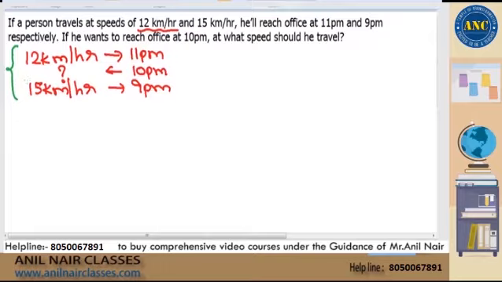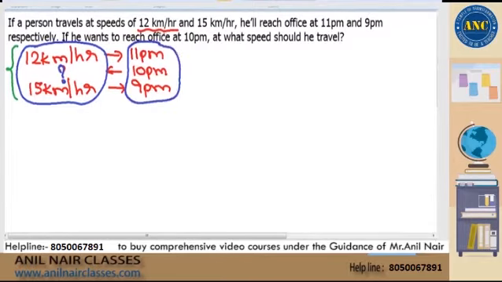Second method. Now, listen to this carefully, sir. Please observe carefully. They are asking, at what speed should he travel if he wants to reach office at 10 p.m.? Now see here. These are nothing but speeds, right? These are nothing but time periods.